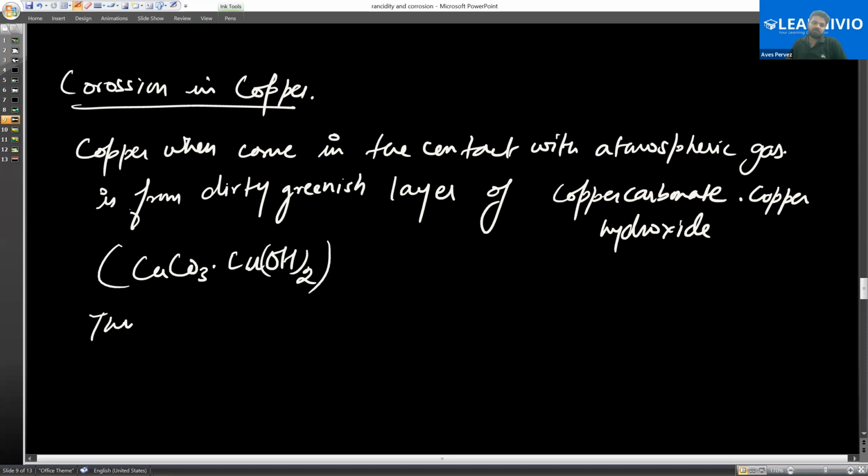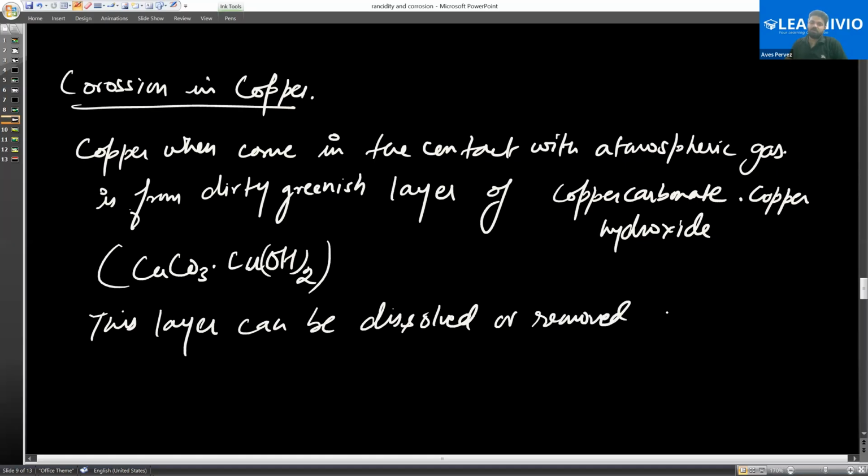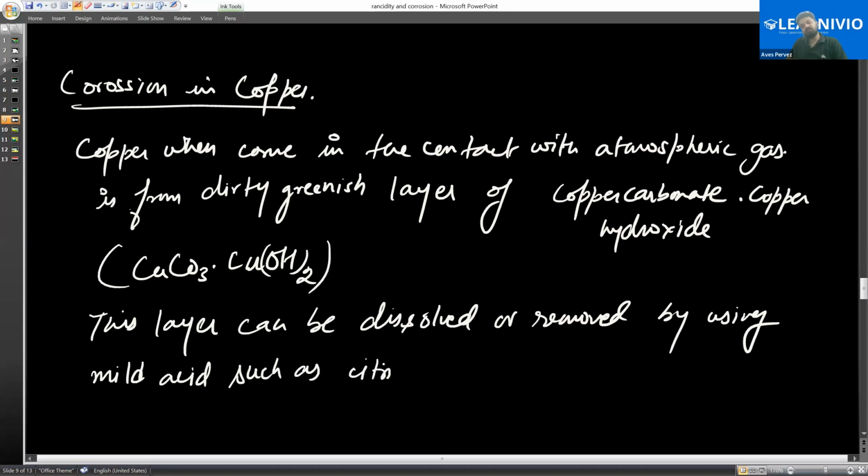This layer can be dissolved or removed by using mild acid such as citric acid, vinegar, lemon juice.